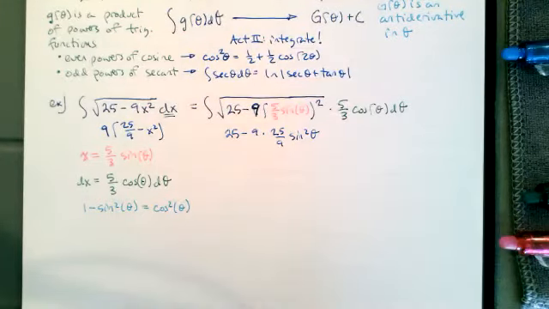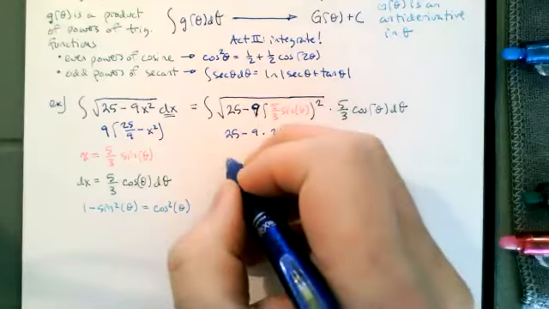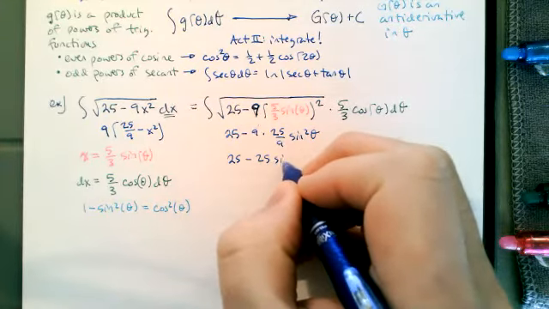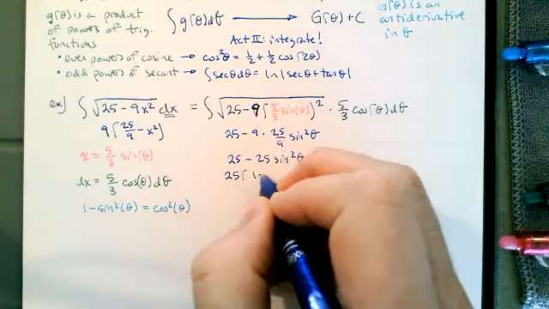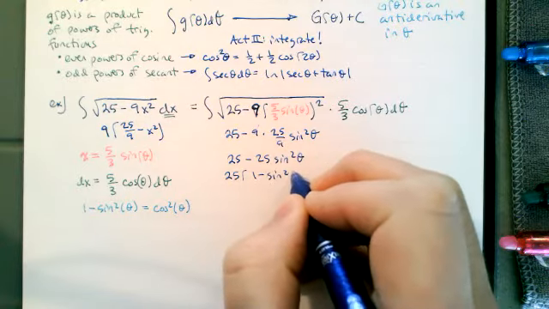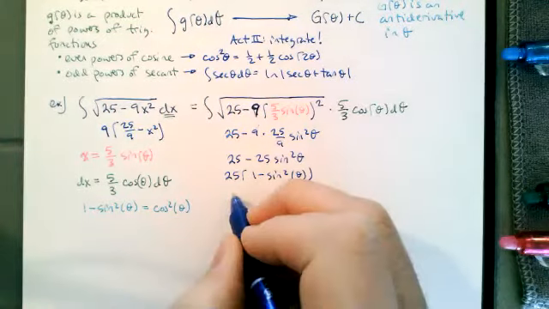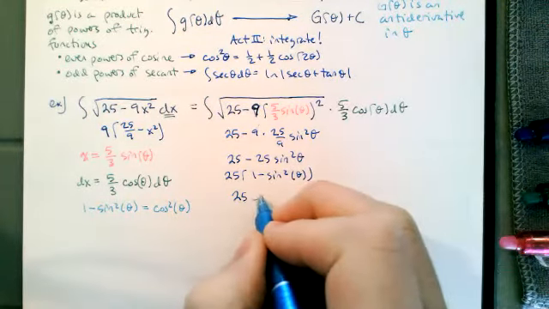And so, since the 9s cancel, this is going to be 25 minus 25 sine squared theta. We can take out the 25 and leave 1 minus sine squared theta. And so this is all going to become 25 times cosine squared theta.